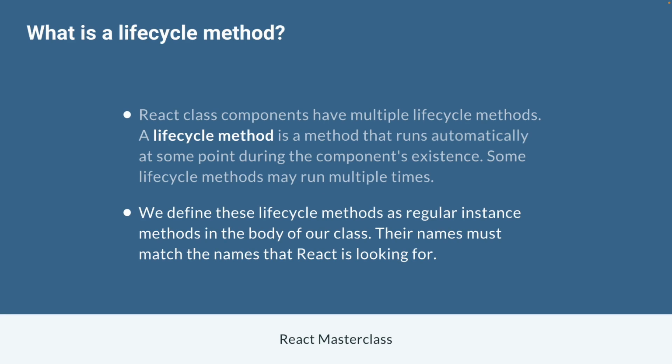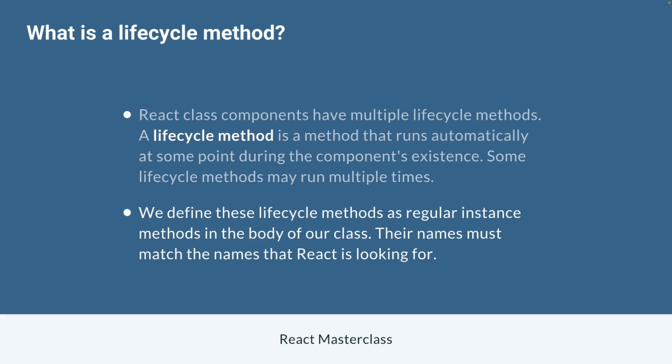Well, a lifecycle method is simply a regular JavaScript method that React runs automatically at some point during a component's existence. So as our component lives, if you will, it undergoes certain important events in its existence. For example, it is mounted onto the DOM.